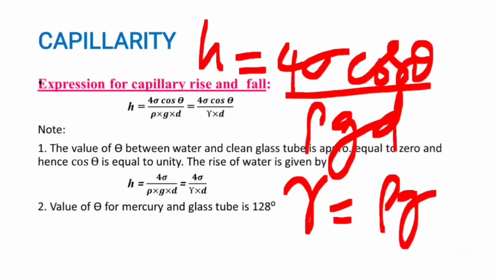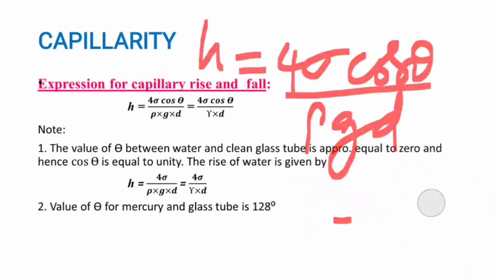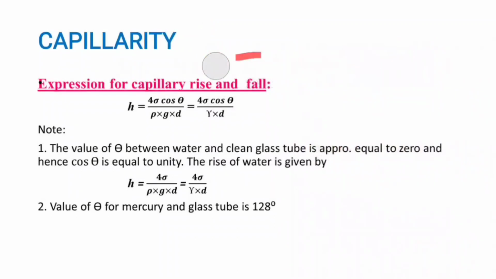So the capillary rise formula is h equals 4 sigma by gamma d. The value of theta for mercury and glass is approximately 130 degrees.